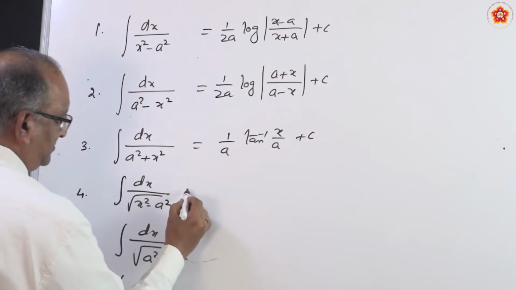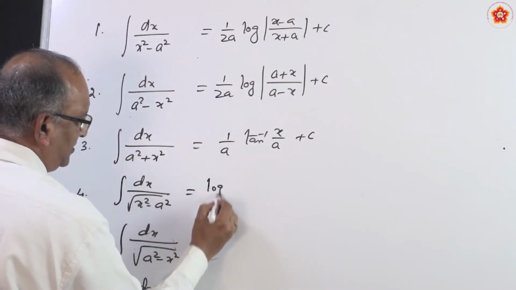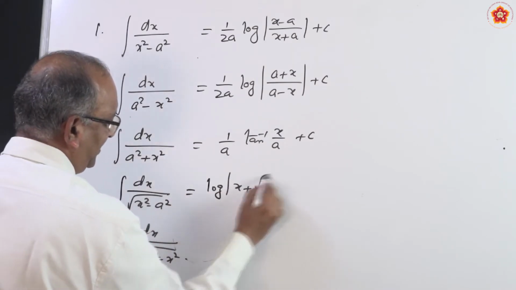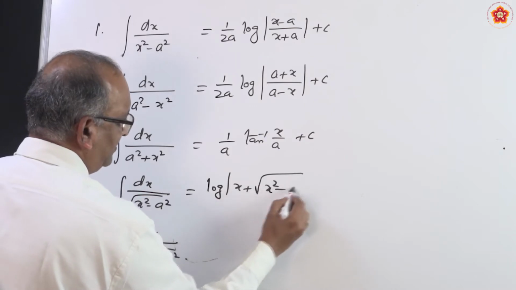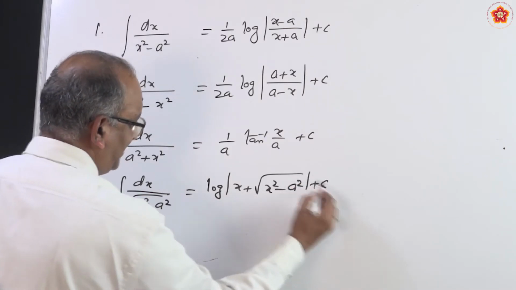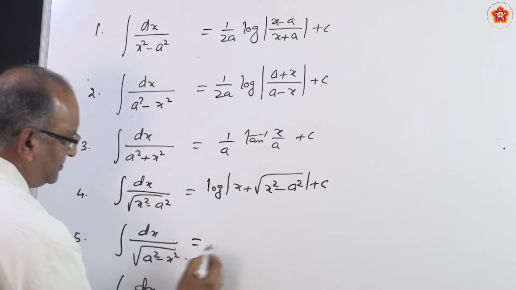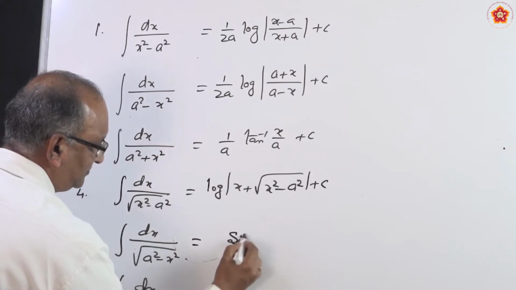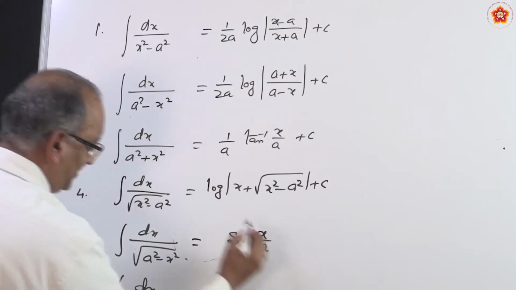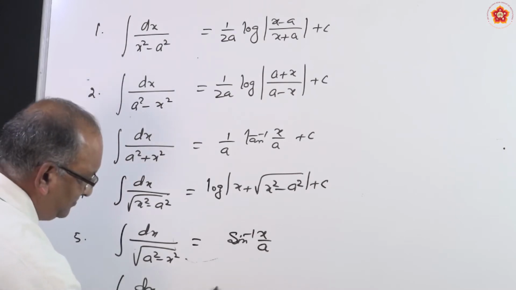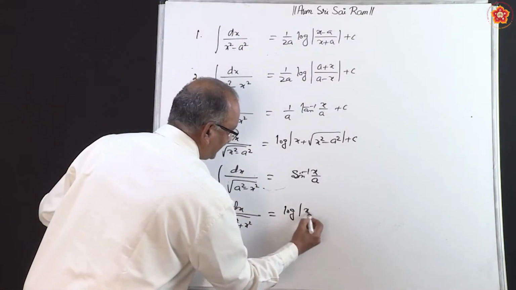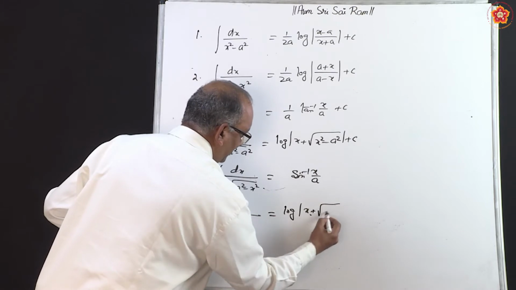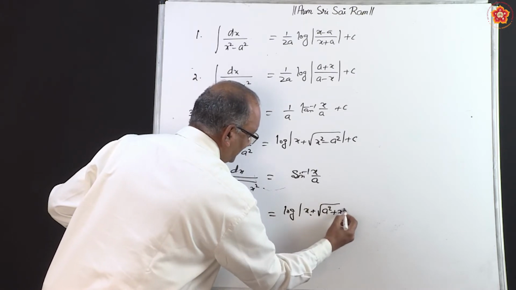This one is log of x plus under root of x square minus a square plus c. This one is sin inverse x by a, and finally this one is log of x plus under root of a square plus x square.